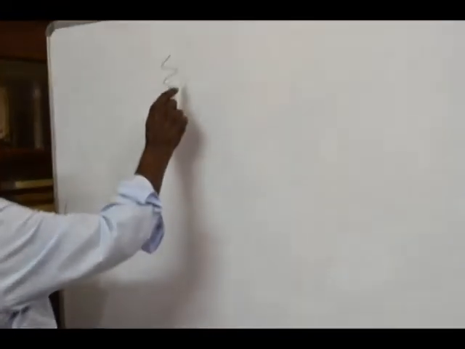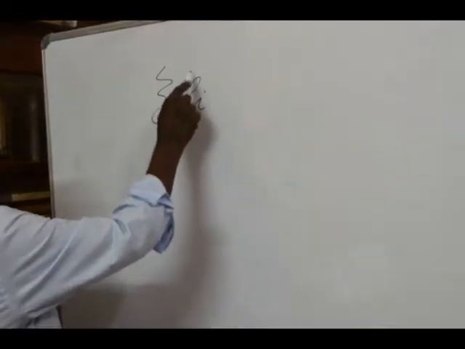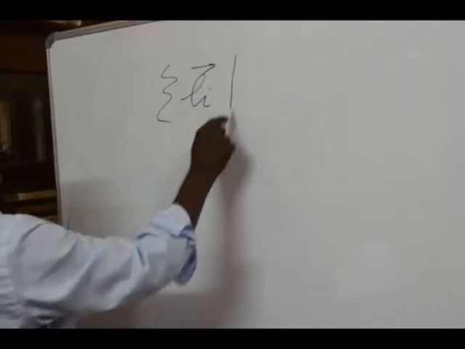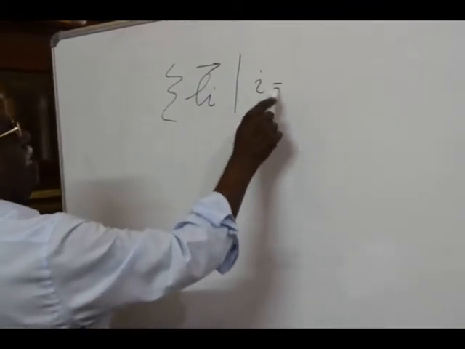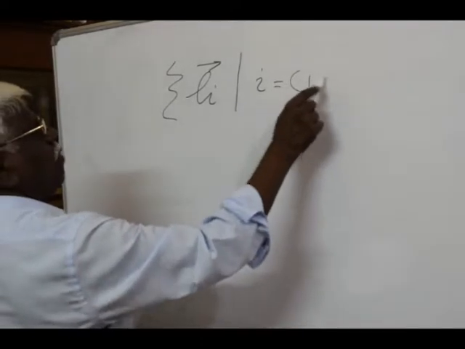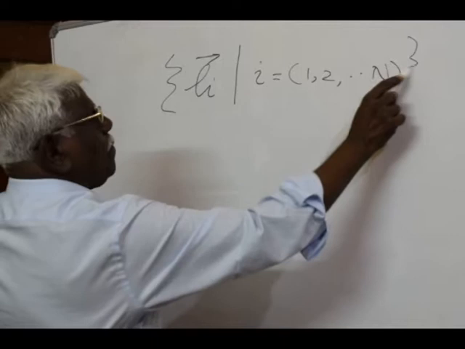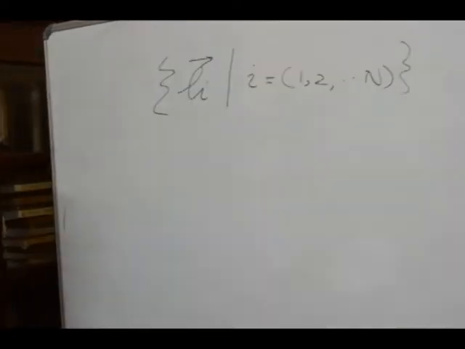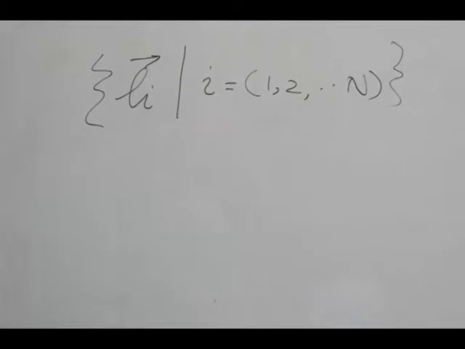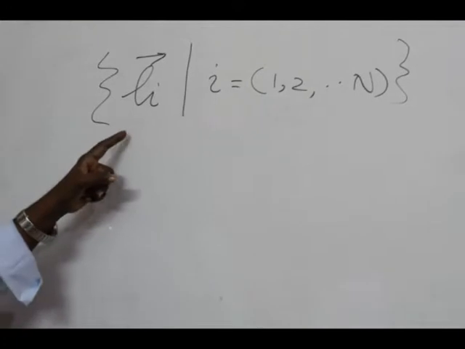Consider this set of non-zero vectors ei, with i equal to 1, 2, 3 up to n. It is called a basis in an n-dimensional vector space.